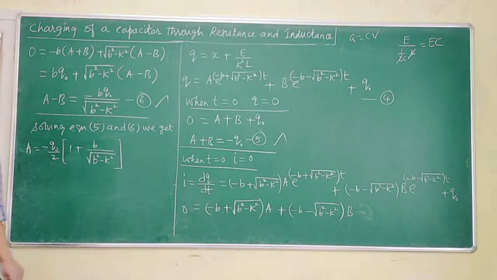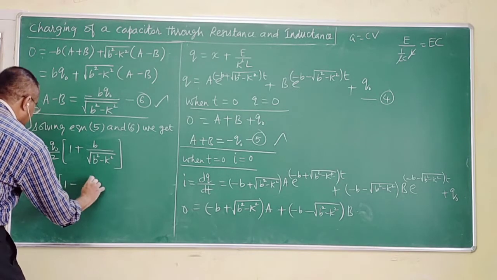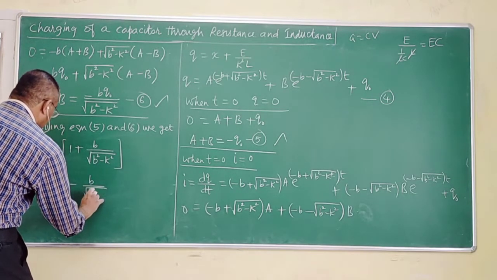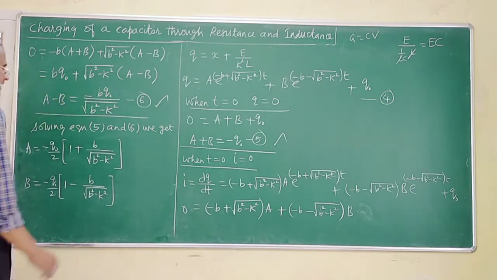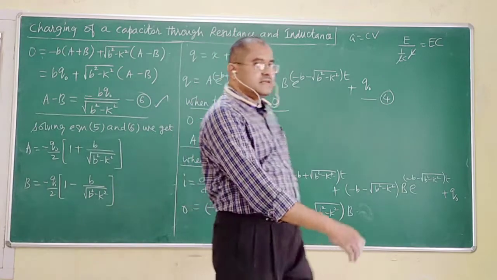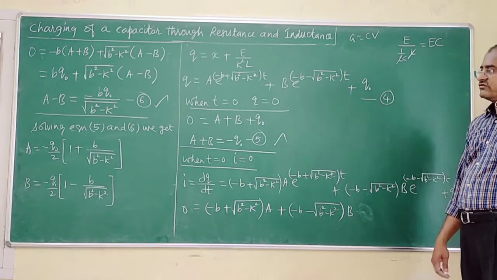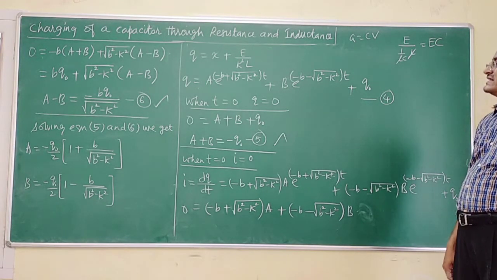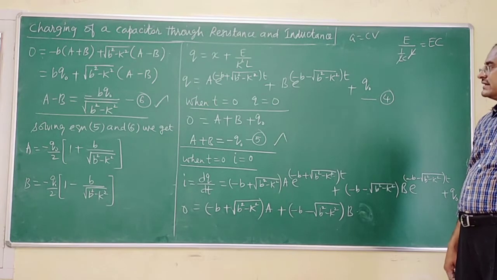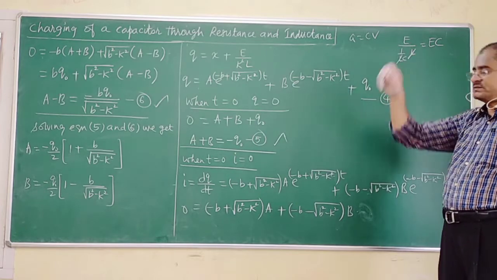This is the value of a I get. Similarly, b I will be getting as minus q naught by 2, 1 minus b upon under root of b squared minus k squared. I have not derived this, I have just said by solving equation 5 and 6, we get these two equations. What I am going to do now is substitute the values of A and B in equation 4.